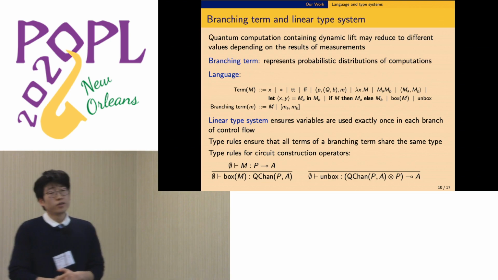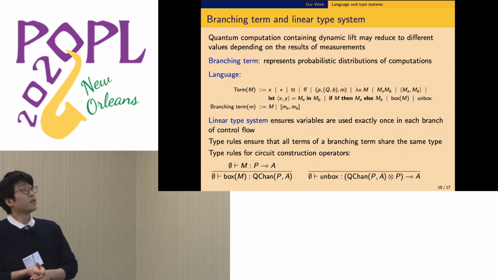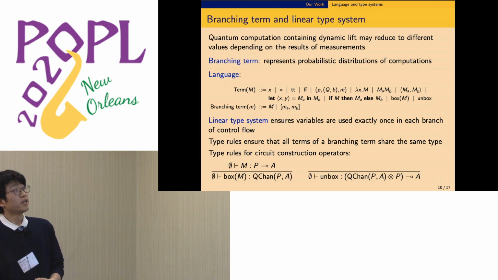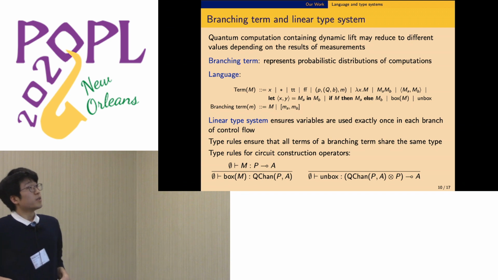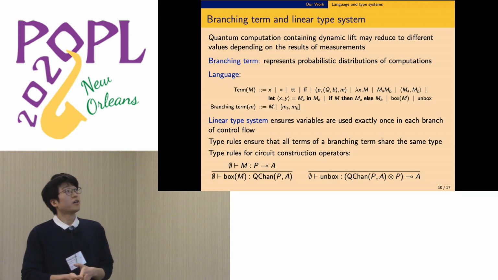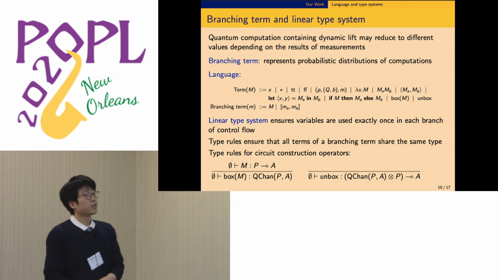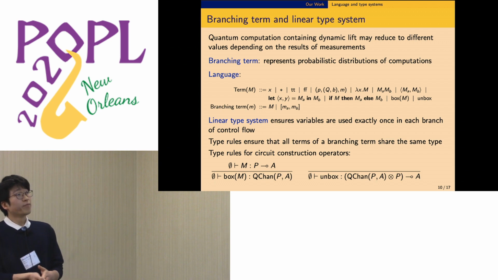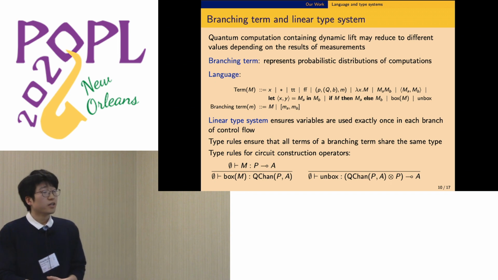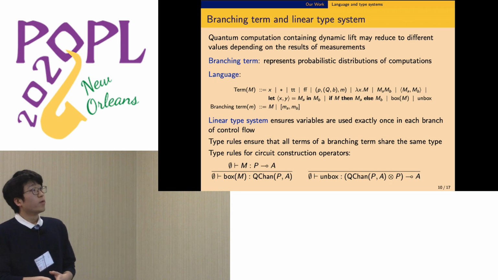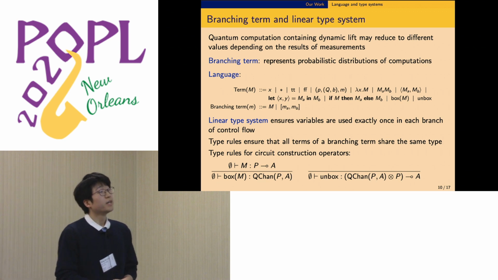So now we want to define a syntax and a type system. Here, the term regarding quantum computation now becomes a statistical set of quantum computations, and for this we have extended the terms, which we call the branching term.